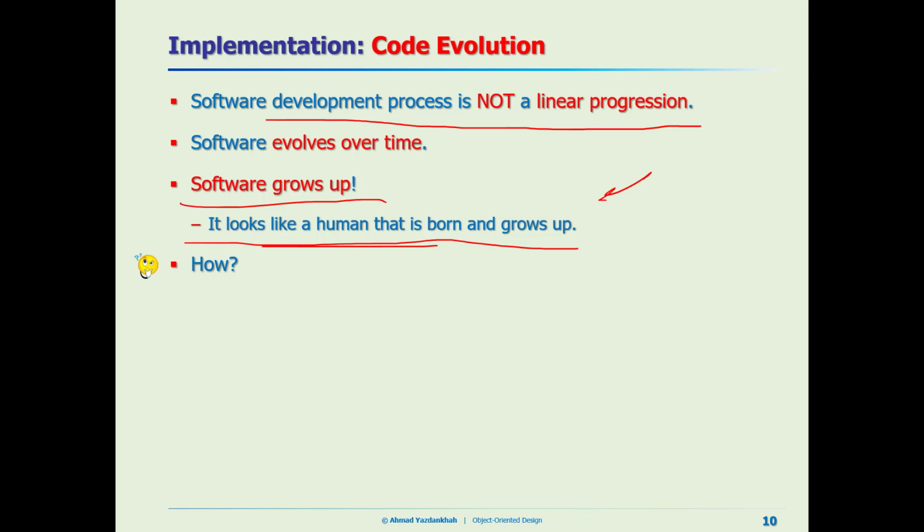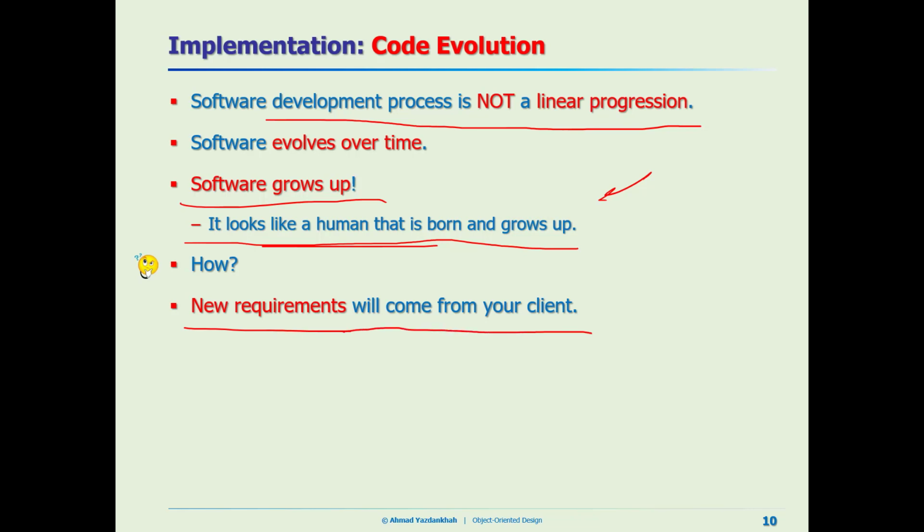After that, new requirements come from your client. So these new requirements need to change the code, all right? And these requirements might be some new enhancement or some new features that you need to add to your code.